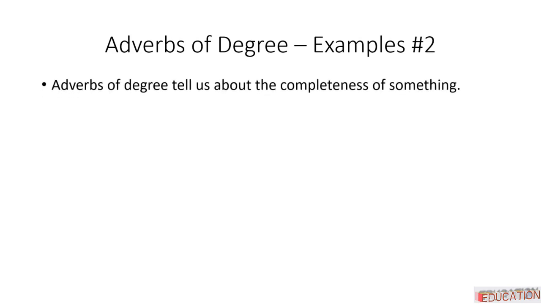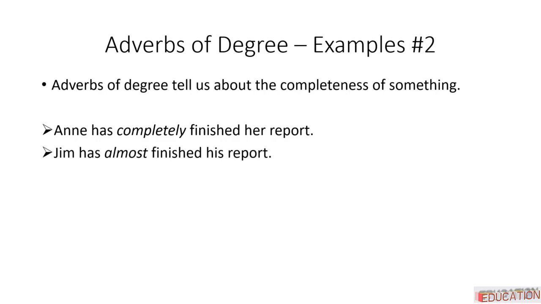And adverbs of degree also tell us about the completeness of something. So Anne has completely finished her report. So all done, nothing left to do. Jim has almost finished his report. So not much left. Mandy has partly finished her report.